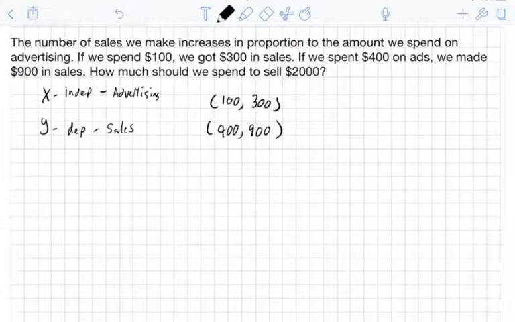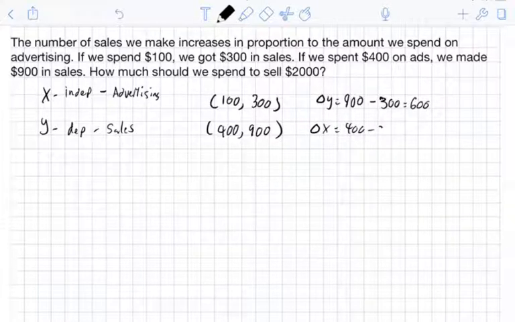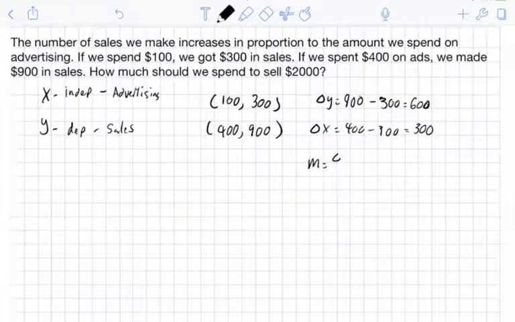Okay? So delta y is 900 minus 300, so that's $600. And delta x is 400 minus 100, that's 300. So the slope, delta y over delta x, is 600 over 300, so that's 2. Every dollar you spend on advertising gets you $2 in sales.